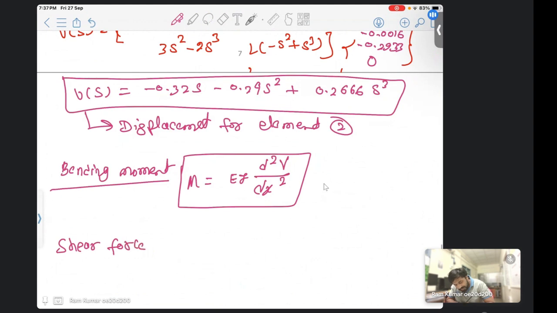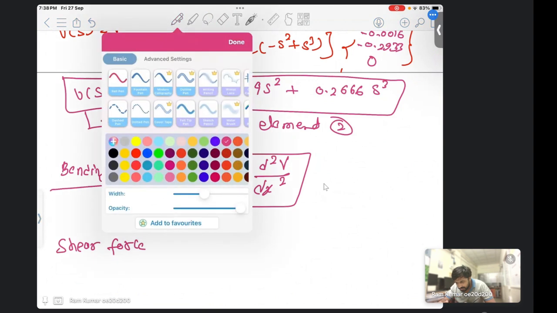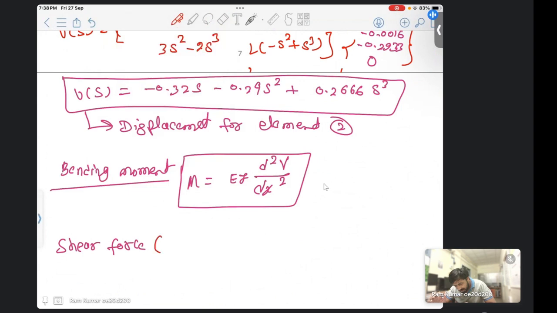The shear force V will be dM by dx. To avoid mixing up, I will write shear force as SF.